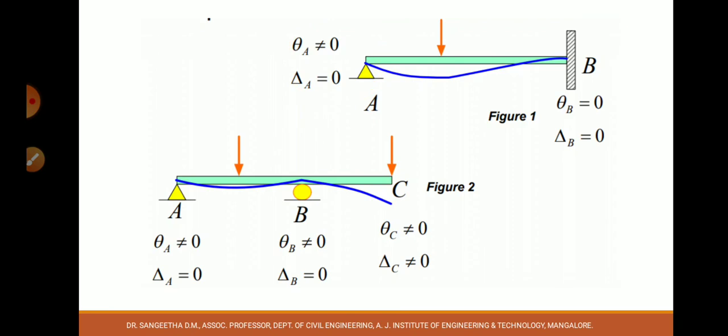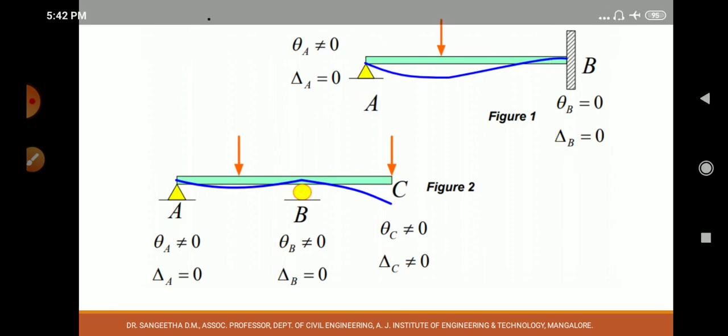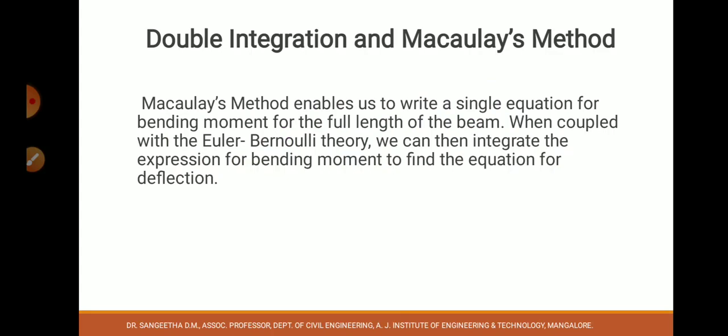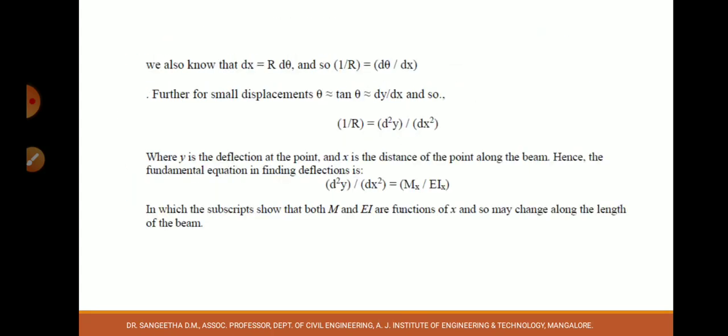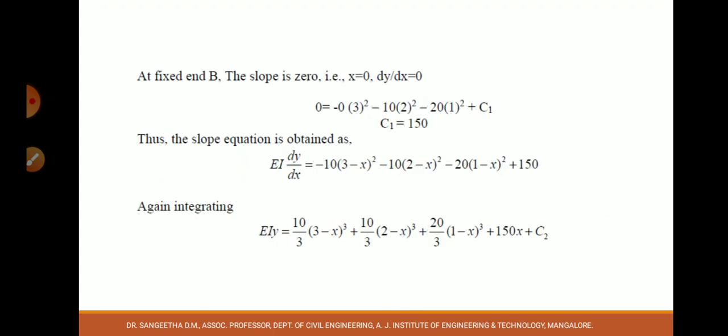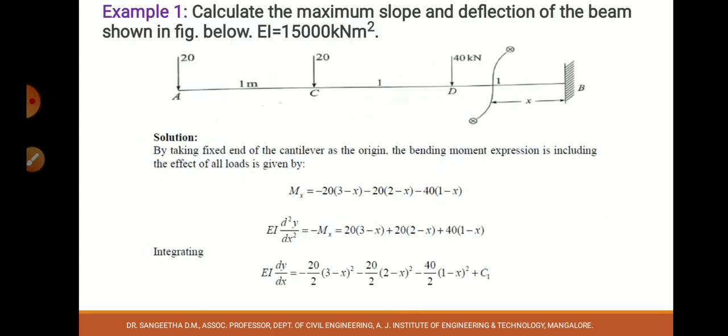So, in our problem, we have one end fixed, the other end free. What kind of boundary conditions you may expect? Theta B 0, delta B 0, theta A not 0, delta A not 0. So, at A both rotation and deflection exist, at B both will not exist.